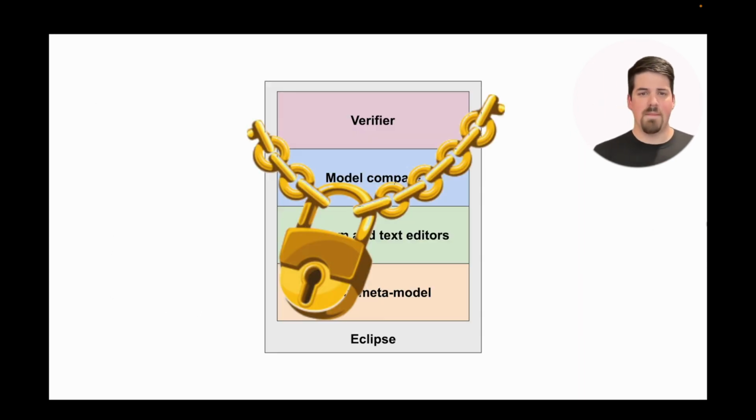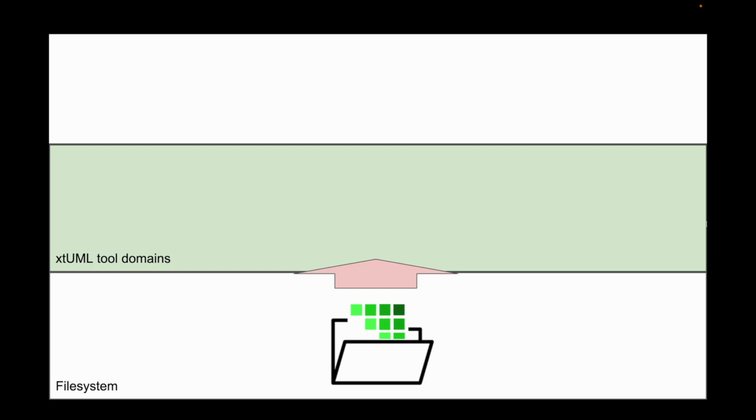So let's go back to that monolithic design of BridgePoint and reimagine an ecosystem where we were using a textual language. So I'll get that out of there. So we start with the file system. We have our models as text files on the file system, and we're going to load those into what I'm calling xtUML tool domains.